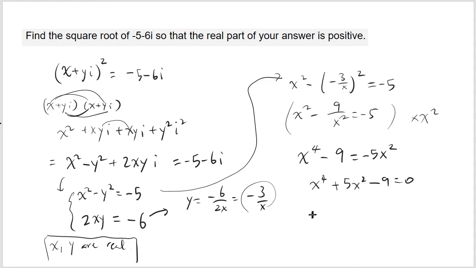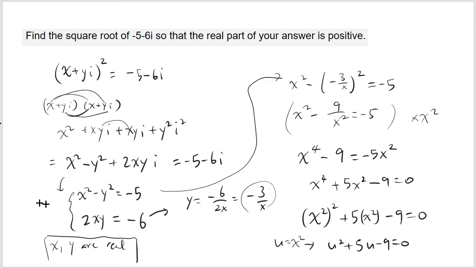And this is really a quadratic equation in x squared form, right? So you can solve for x squared. If you can't see that it's a quadratic equation in x squared, you can also try doing a substitution. u equals x squared. That gives you u squared plus 5u minus 9 equal to 0, right?